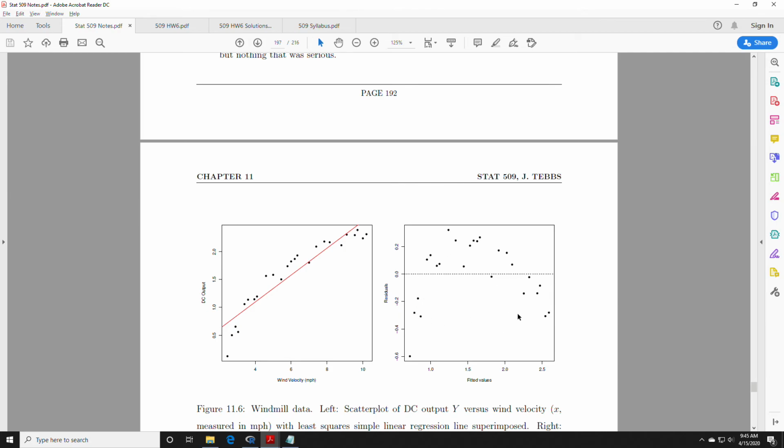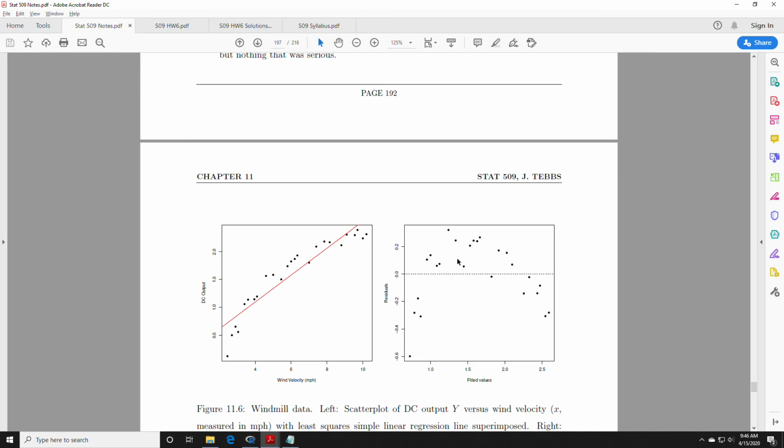But this is less indicating that the observations are correlated than indicating that the regression function is inadequate. One way to tell is because we've got this nice curve here. Not only does that indicate there's a problem, the shape actually indicates what's wrong.